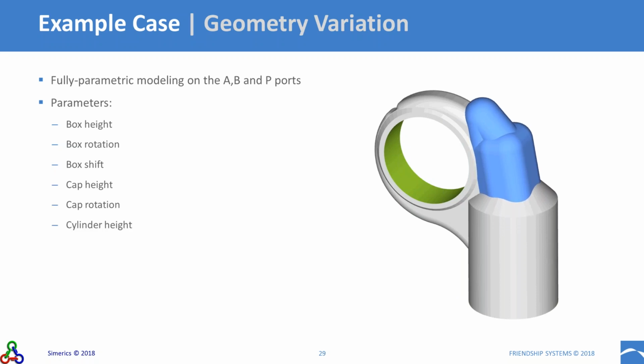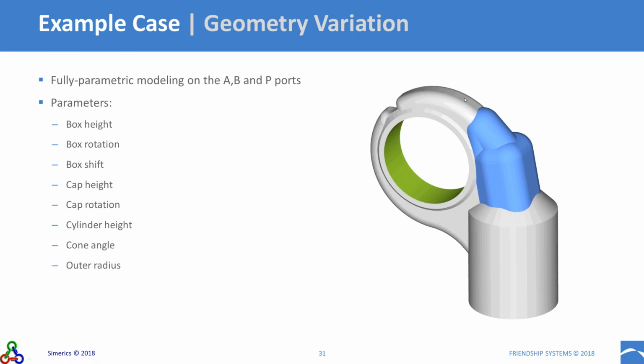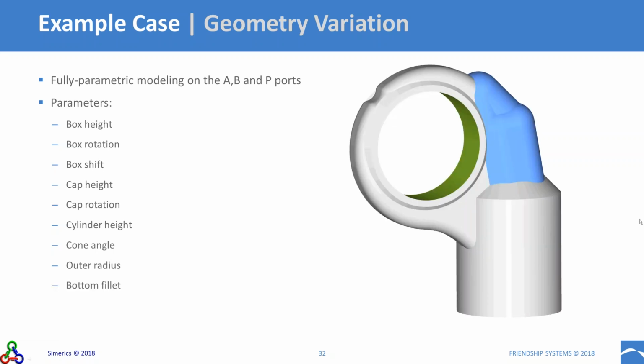We can change the cylinder height. This is the cylinder where we have the connections of our hydraulic system, and the cone angle on top of that cylinder. Then the outer radius of this ring. And finally, what we called here the bottom fillet. This is the lower connection between the ring and the cylinder. These are basically all the parameters that can be used to control this geometry.